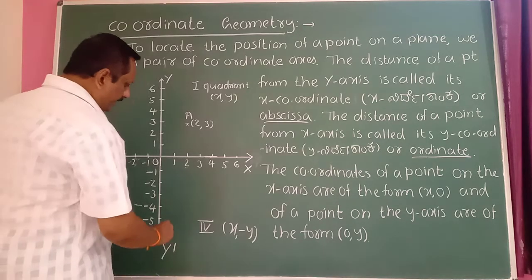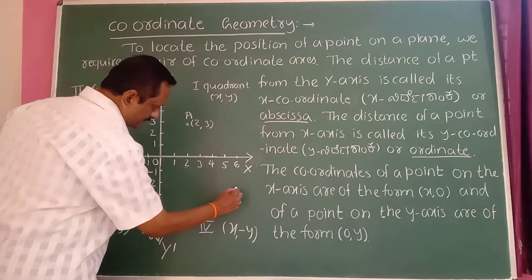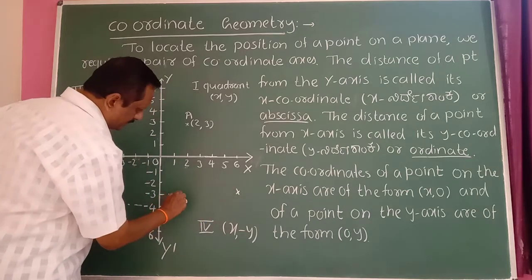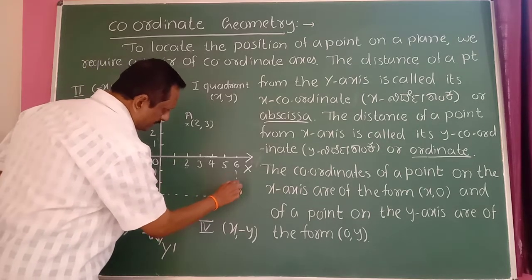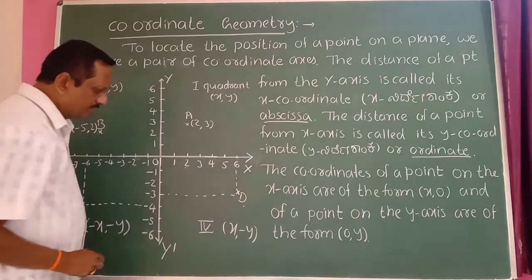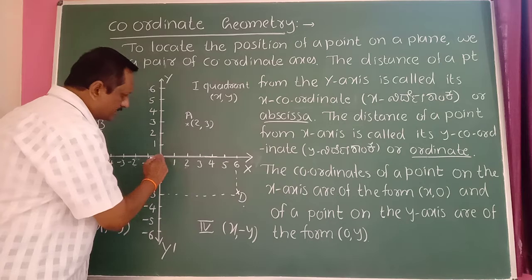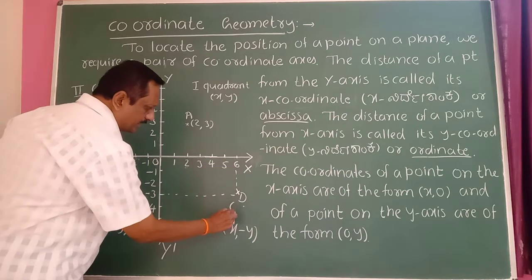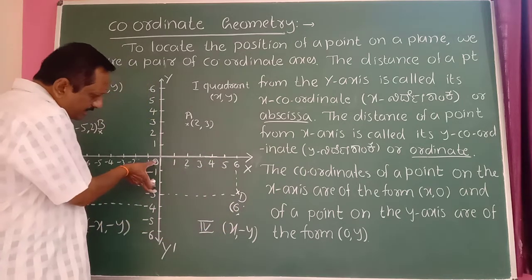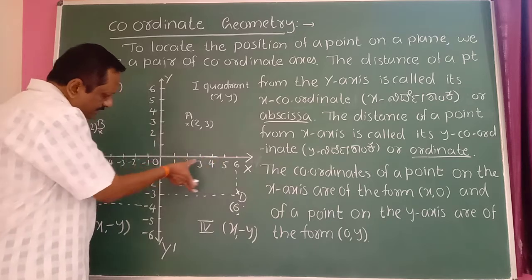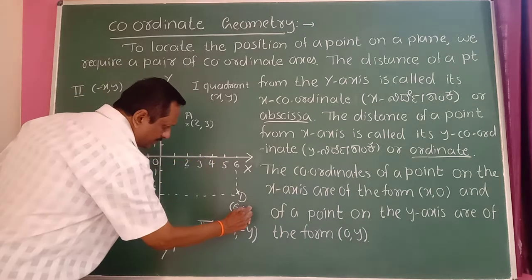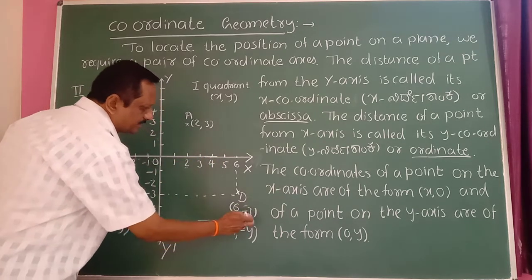Suppose we take a point here, this one. Just observe here. Take this point as D, but you should take an x coordinate here. This total distance is 6 units here, and this height is -3. So the point is (6, -3).